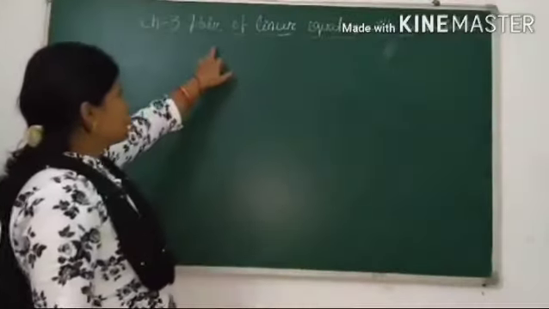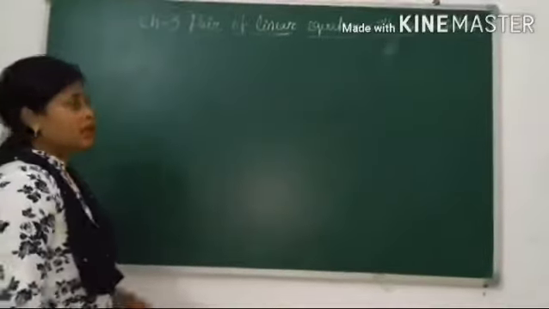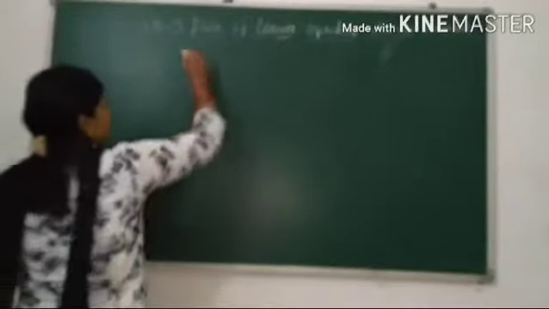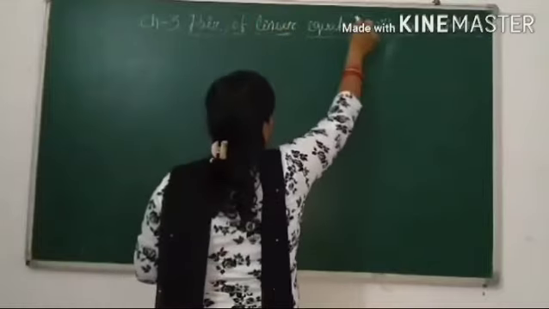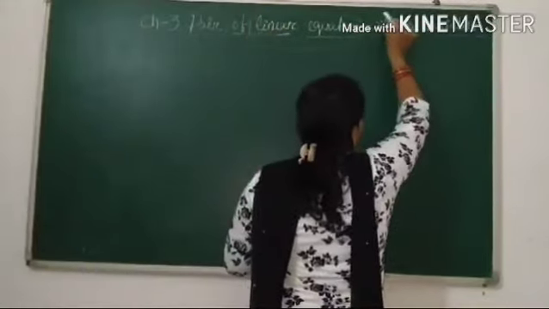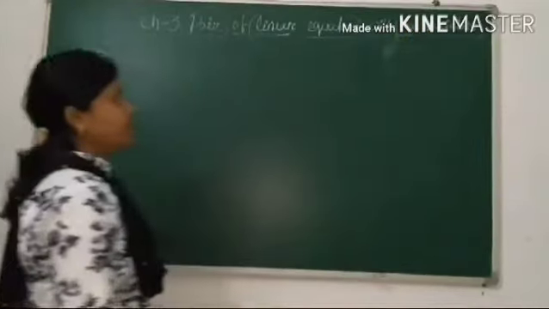Your chapter name is pair of linear equations with two variables. The name consists of three parts. One is pair, another is linear equations, and the third one is two variables.